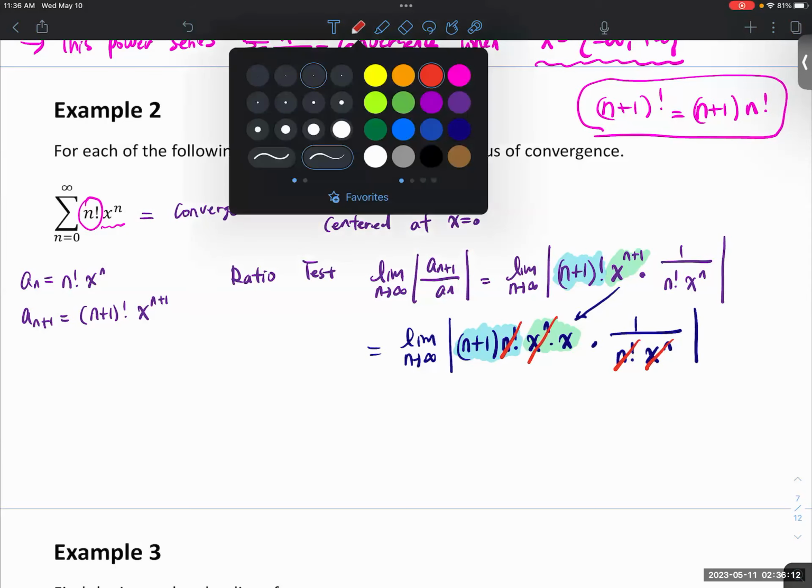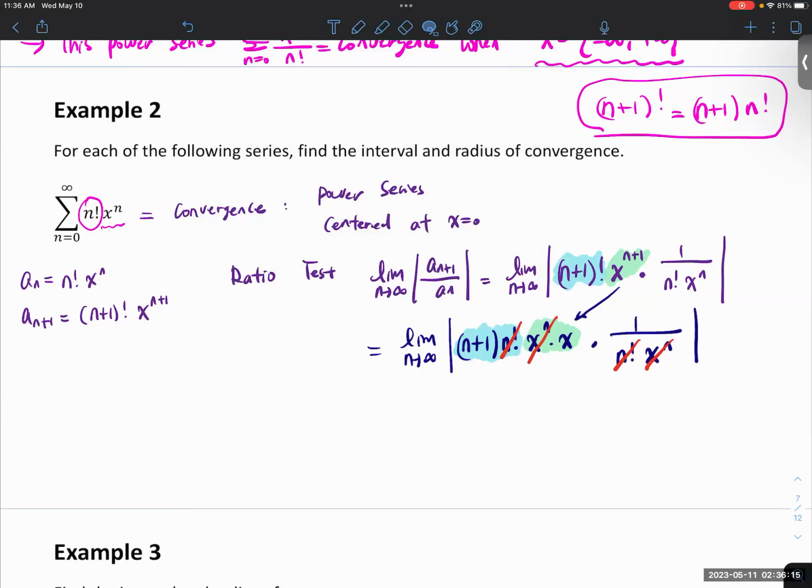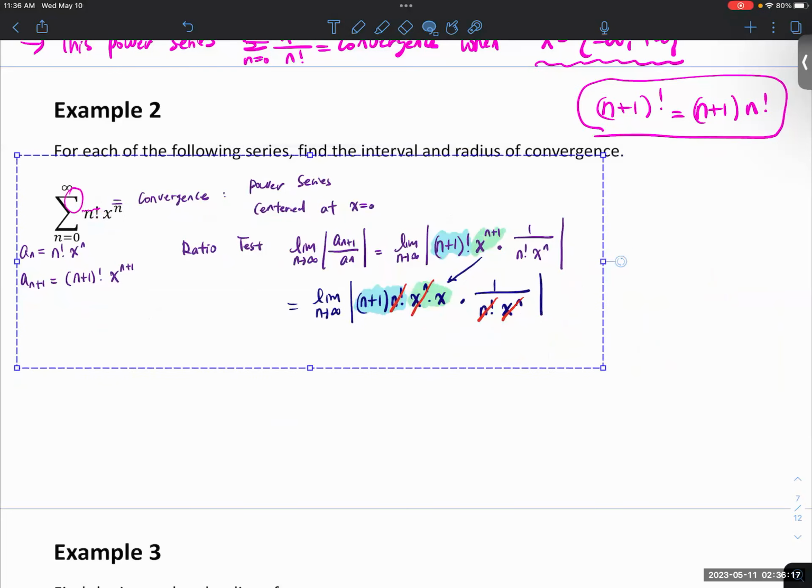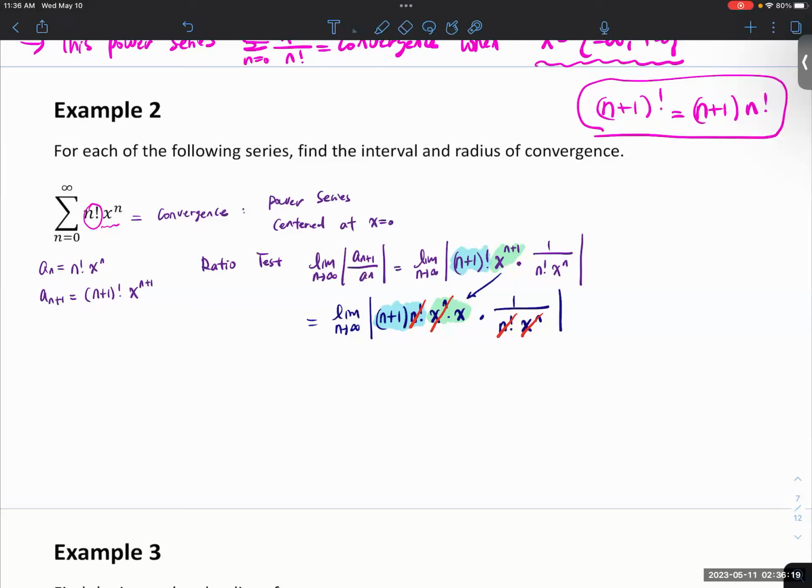So what is the remaining stuff? You got the limit of (n+1) times x. Again, I can bring the absolute value of x to the front, and then the limit of n+1.